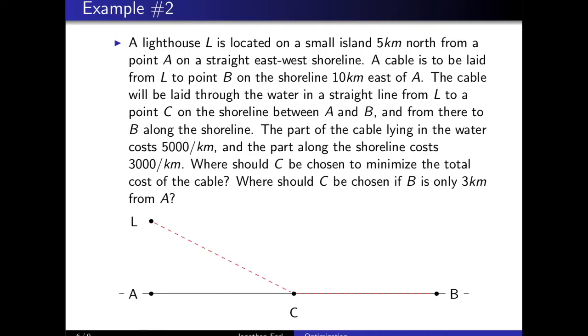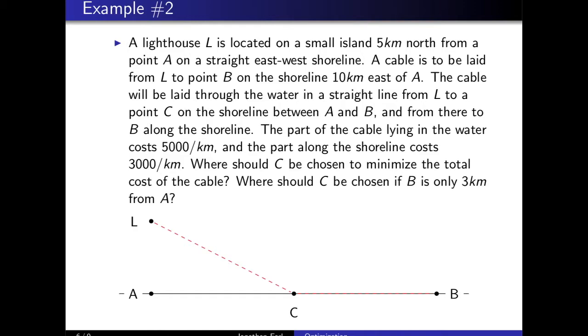What we'd like to see is where we should choose C to minimize the total cost, and then put a slight twist on the problem and ask where we should choose C to minimize the cost if B is only 3 kilometers away from A. For this one, we could slide this point C anywhere between A and B, but clearly it would cost more if we put this point C outside of A or outside of B. So what we're looking for here is an absolute minimum for C going in between 0 and 10.